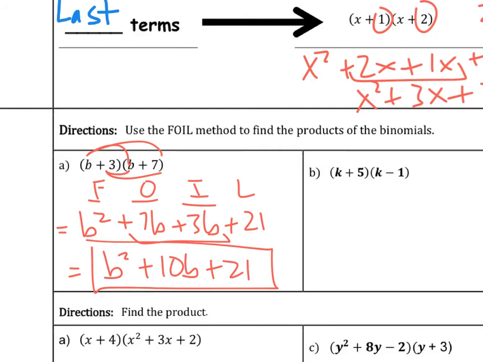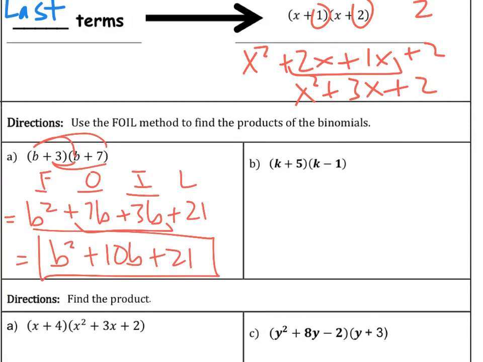Why don't you try this one? Pause it. Try this guy. FOIL. Let's see what we get. Now you might say, well, that's just the same thing. You're right. You can think of it as FOIL or distribution. Either understanding works. K times K, those are the first ones. The outside ones, negative 1K.